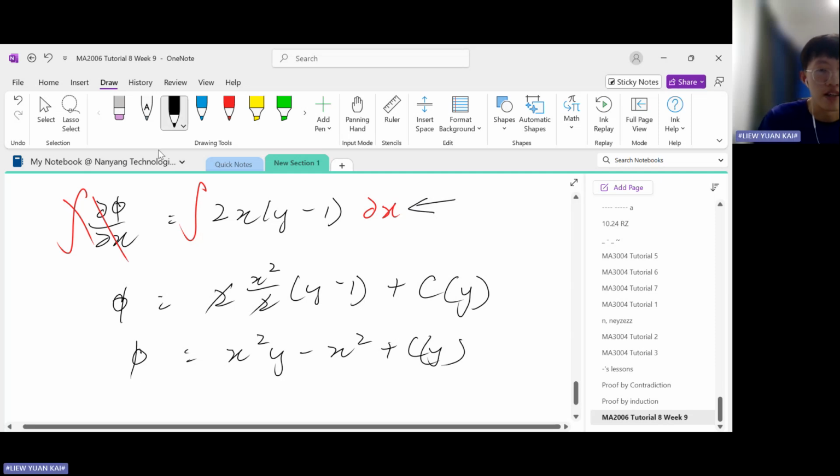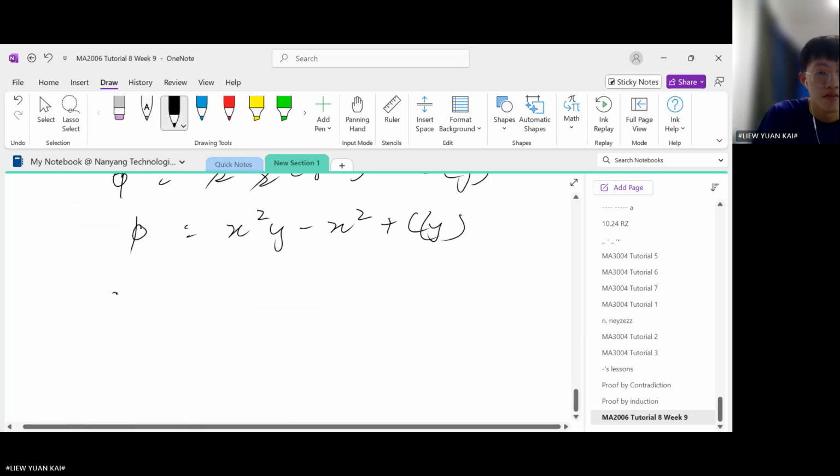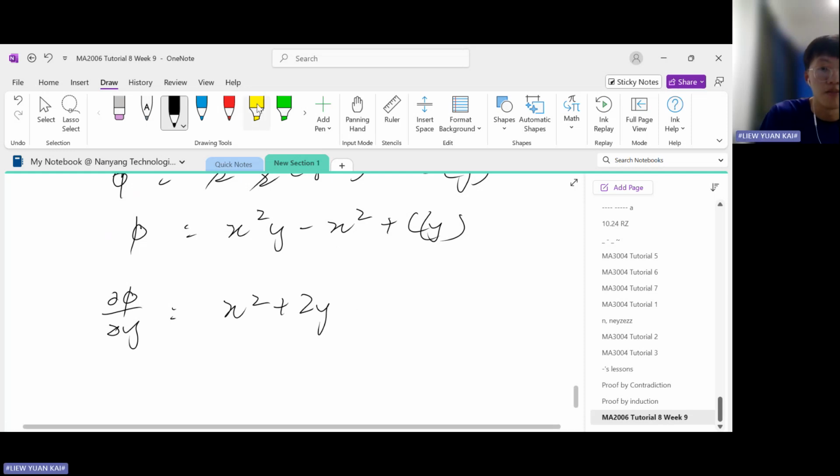Okay, now we have to equate the y components. So I'm equating this with this. Okay, so to make phi the subject, we need to integrate both sides with respect to y.